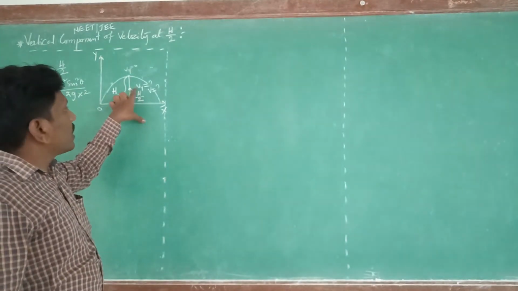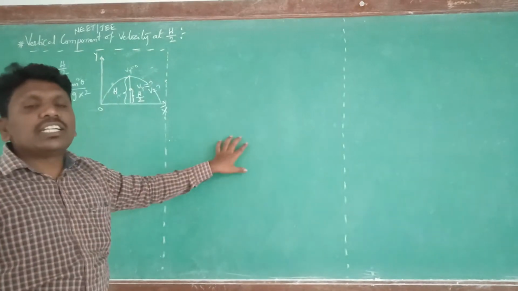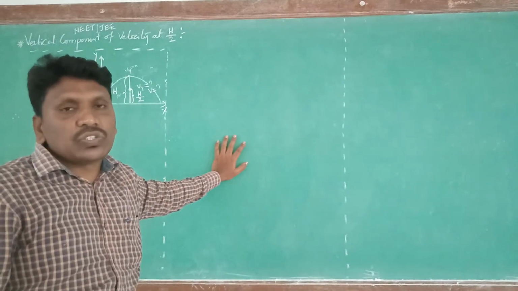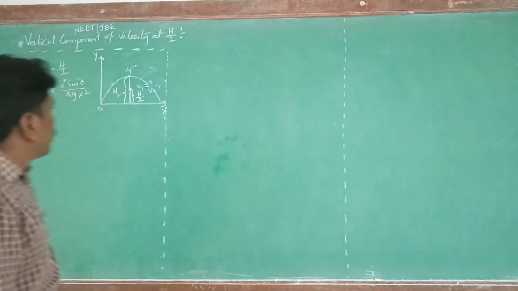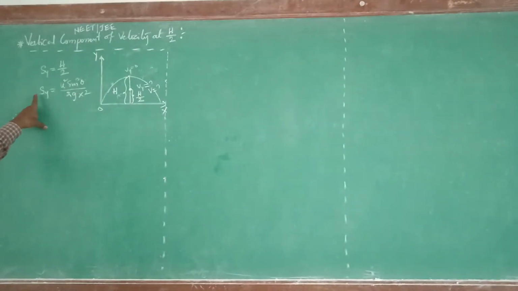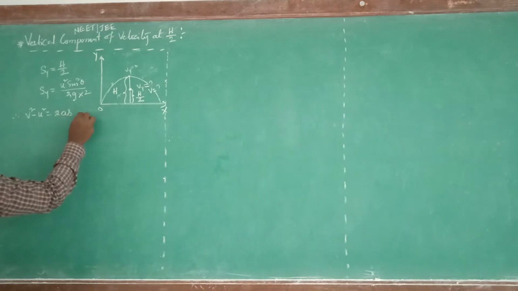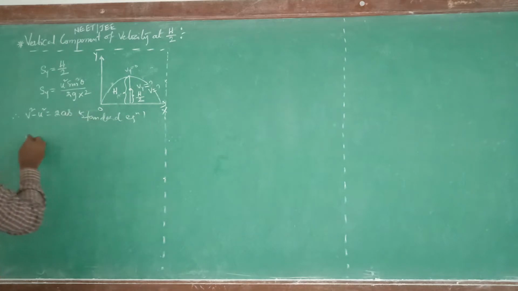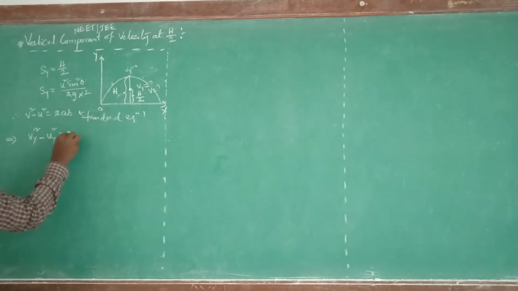This vertical component will not depend on time, so without time we have to take the third one, v square minus u square is equal to 2as, because we have already found Sy. This is the standard equation. Apply it for the vertical direction.